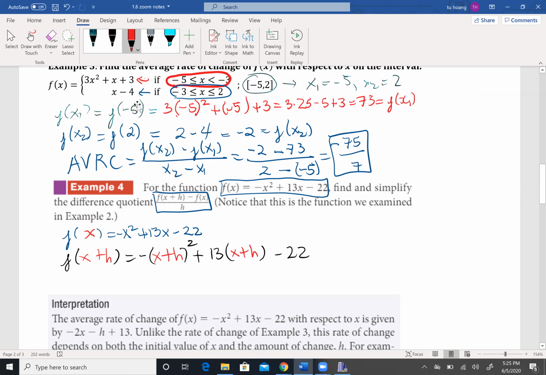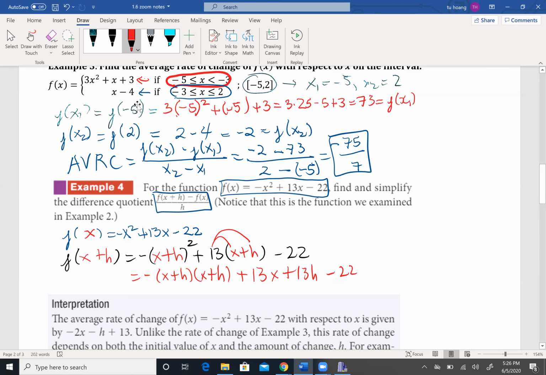Since you have a complicated expression here, I would like to simplify it by distribution for this square. I have negative of x plus h times x plus h, plus 13 times x plus h, distributed to be 13x plus 13h, and minus 22.